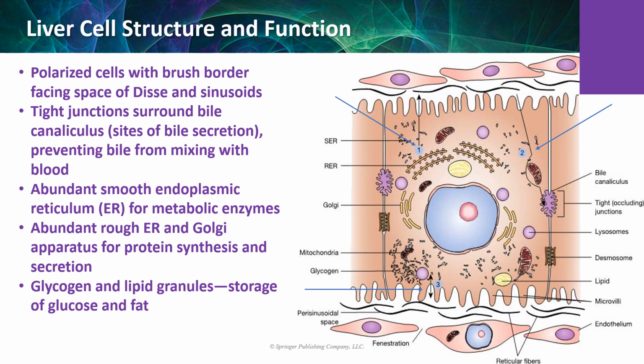The smooth endoplasmic reticulum contains enzymes of drug metabolism and metabolic processes. Fuels are stored in the form of glycogen deposits and lipid droplets. The cells are polarized with basolateral surfaces enriched by folds where they contact the space of Disse for interchange of proteins between the blood and the hepatocytes, which is shown down in the bottom of the image at number 3.